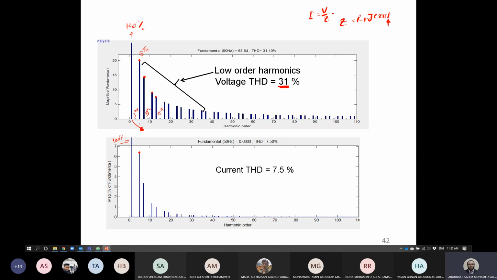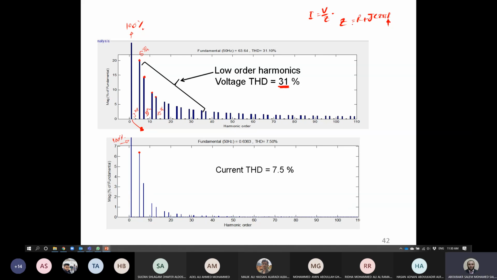So at the fundamental, when you calculate the fundamental current, you just need to divide V over Z, where the imaginary part will depend on f. But when you consider the fifth harmonic order, the imaginary part will be multiplied by 5, because the frequency will be 5 times the fundamental.